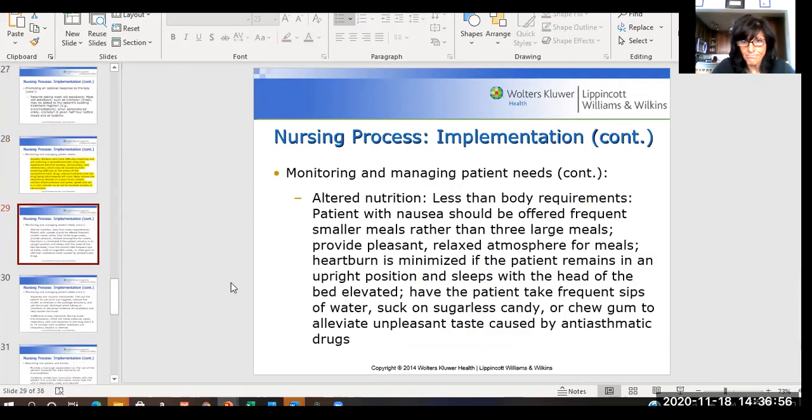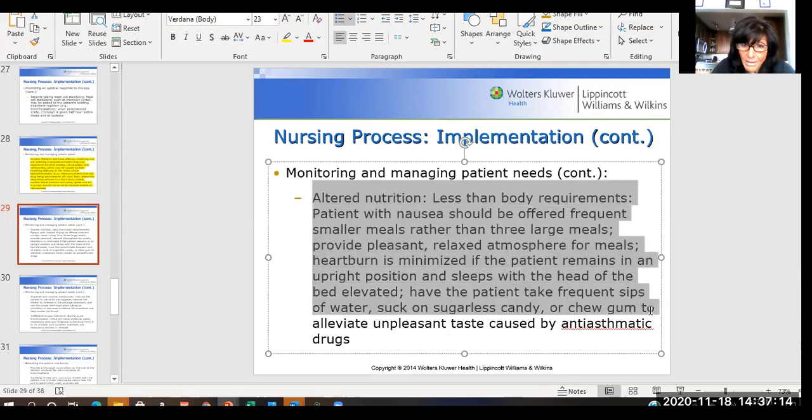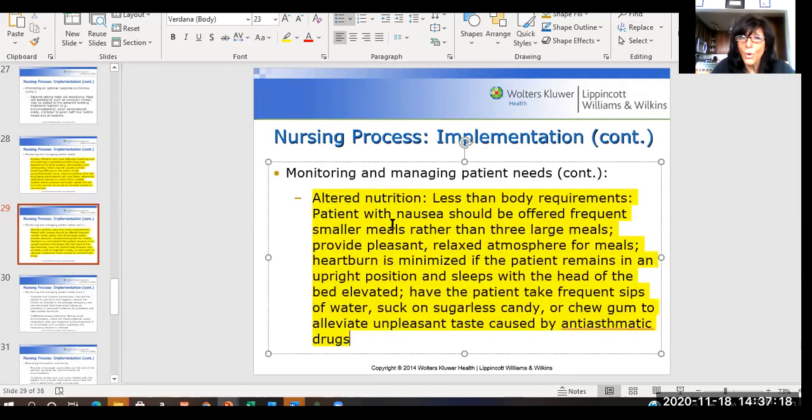Altered nutrition. This is important. ATI and the board love to ask about nursing interventions for the patient with COPD in regard to their diet. Okay, they're going to have altered nutrition, less than body requirements. I am going to highlight this whole thing, but I'm going to add to it. So nausea is not the issue.